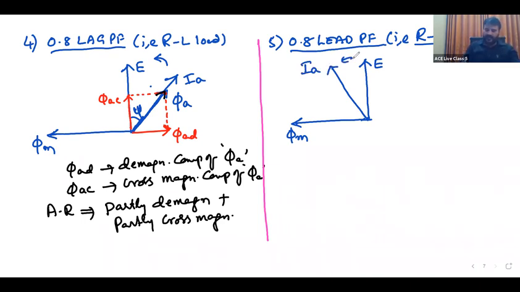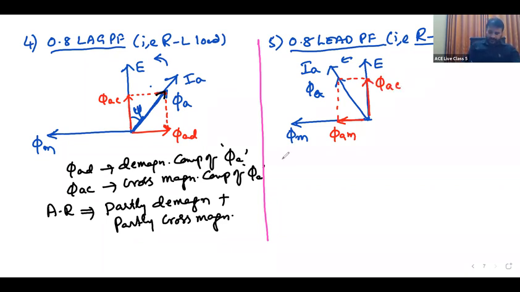Current leads the voltage. Leading power factor means current is leading the voltage. Flux will always be in phase with IA. And that phi A can again be divided into two components. This in-phase component causes magnetization, phi AM, and this is phi AC, cross magnetization.